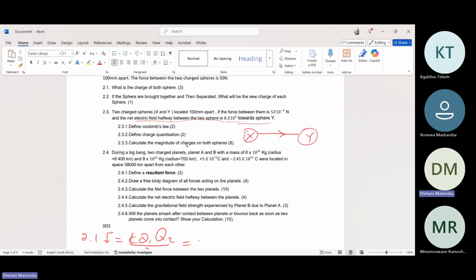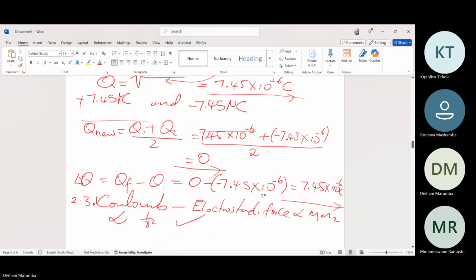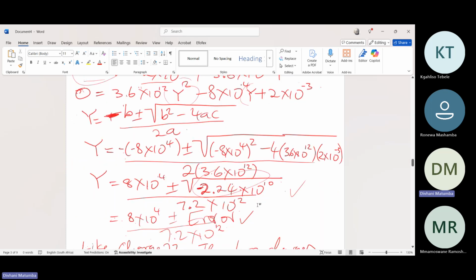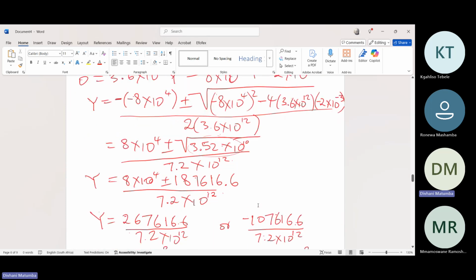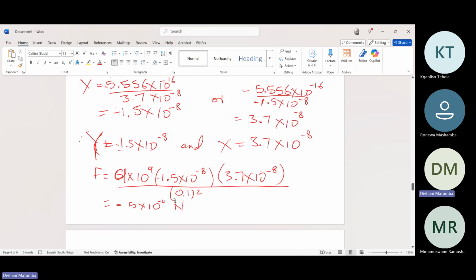So I want to see if what we got will give us 5 times 10 to the power of -4. Because our solutions were 1.5 times 10 to the power of -8 and 3.7 times 10 to the power of -8. Let's see if we will be able to go back and verify what is in the question.